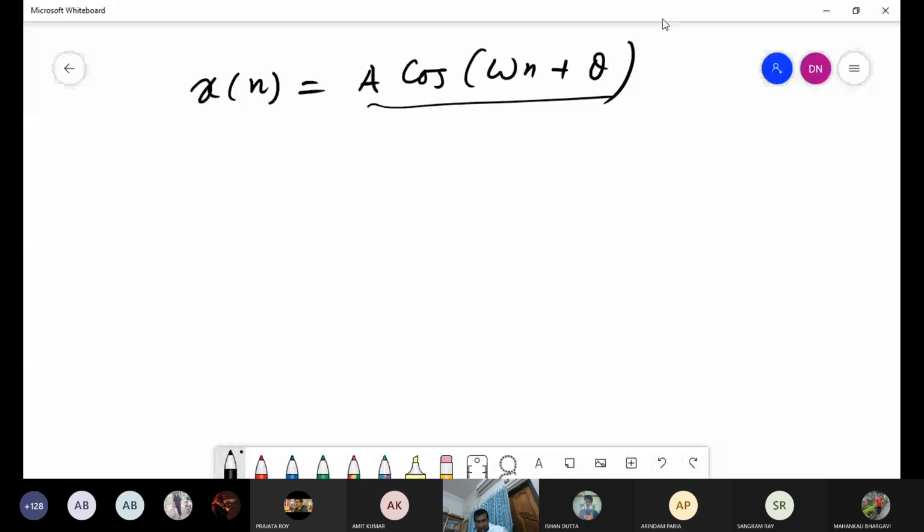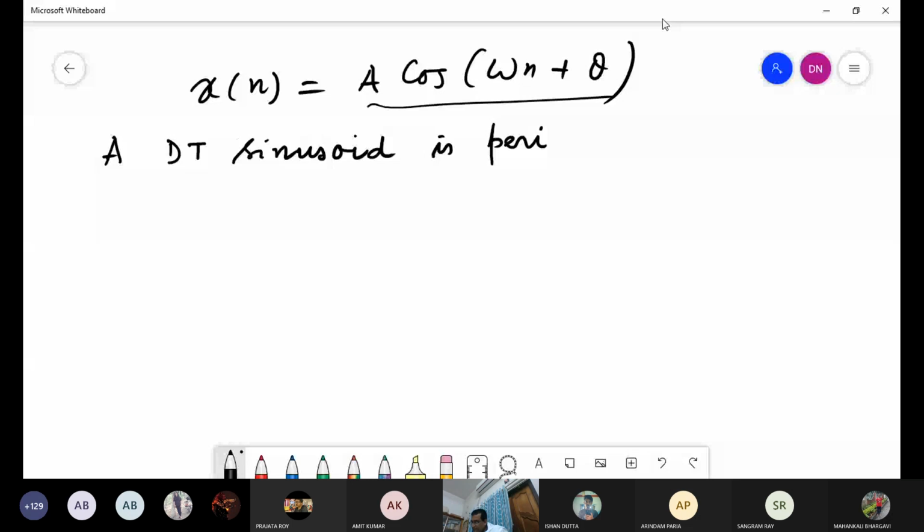Okay. Now here, the definition of periodicity I will write here. A discrete time signal, I will write DT signal, abbreviated from discrete time signal. And here, since it is a sinusoid, I will write DT, discrete time sinusoid signal, is periodic. That means actually a discrete time sinusoid signal may also be non-periodic.